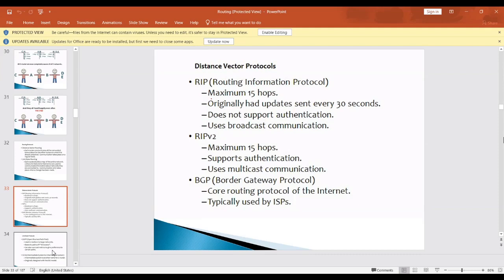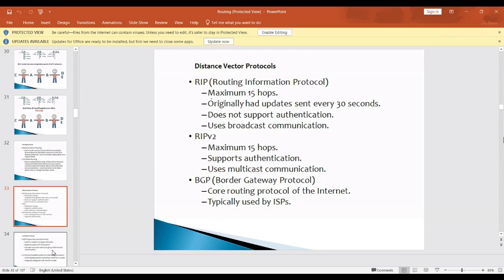And BGP is the Border Gateway Protocol. It's the core routing protocol of the internet, typically used by internet service providers. That means this Border Gateway Protocol is established between autonomous systems, right? Earlier we came across that word, autonomous system. An autonomous system is a system which is under a single administration.